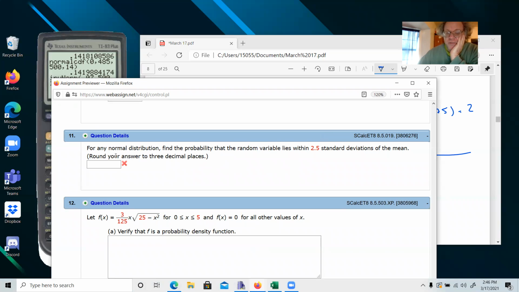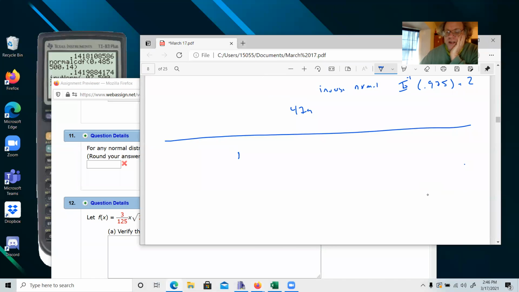For any normal distribution, find the probability that a random variable lies within 2.5 standard deviations. That means this integral is going to be negative 2.5 to positive 2.5 of my normal distribution. All right, that's what we're trying to do.